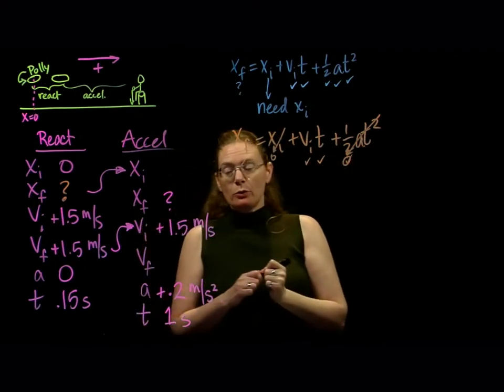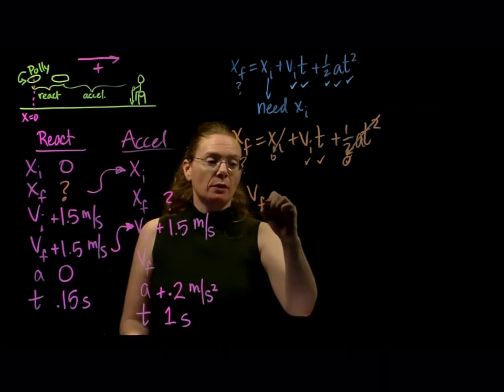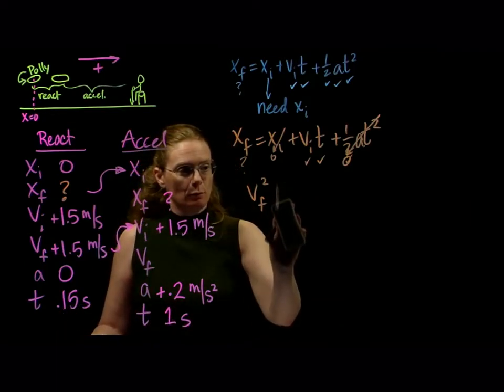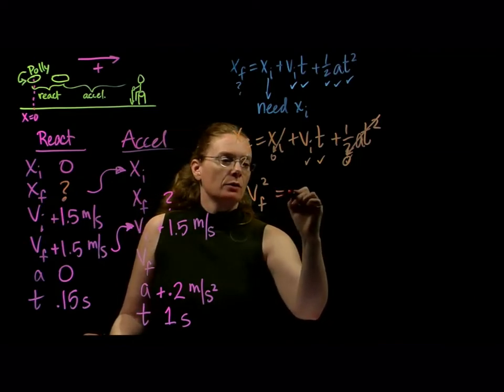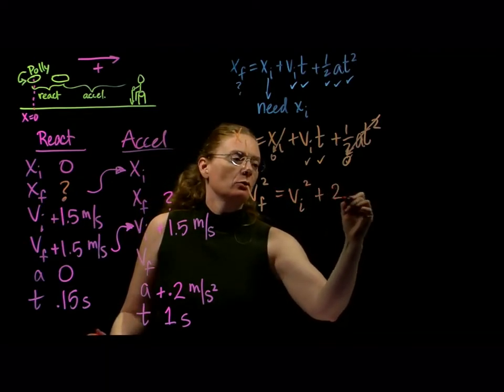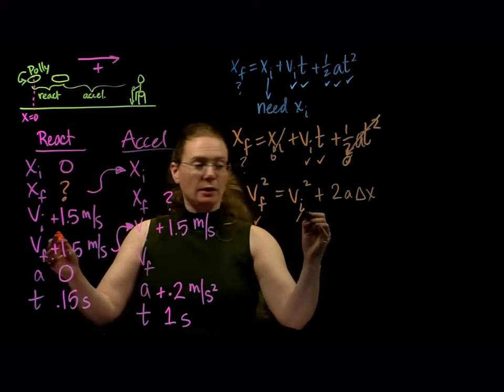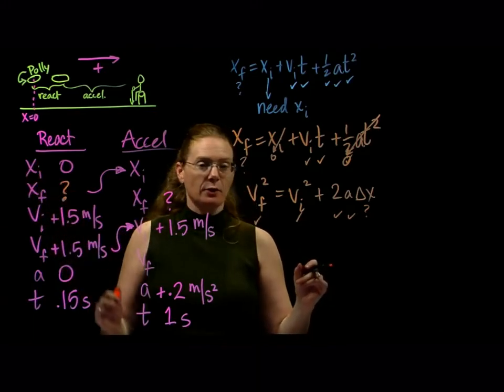Could I also use one of the other equations? Could I use that squared one, which is the other one that has some x's in it? V final squared equals V initial squared plus 2A delta x. I know V final, I know V initial, I know 2, I know A, and I'm looking for my change in position.